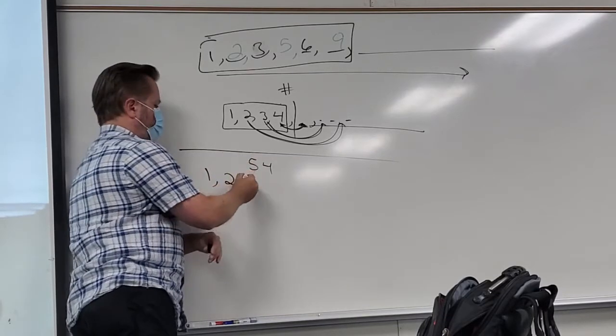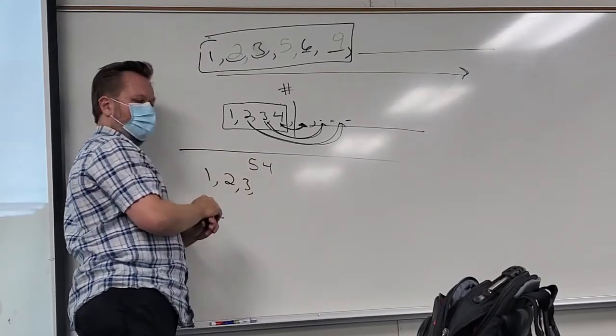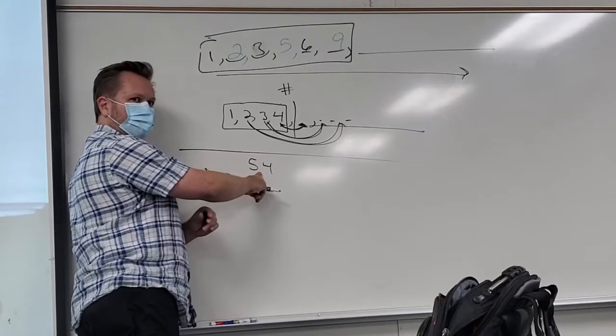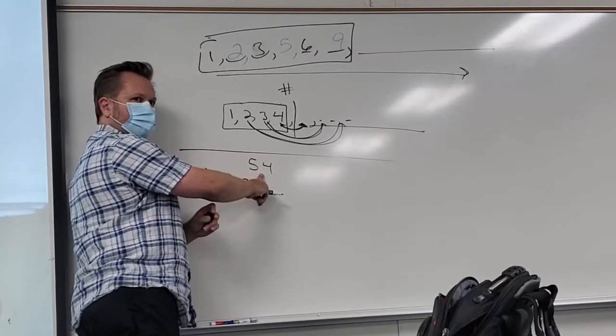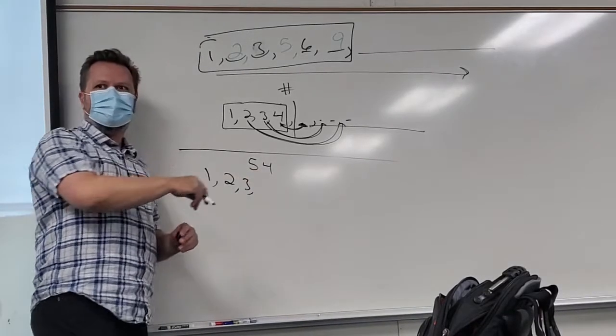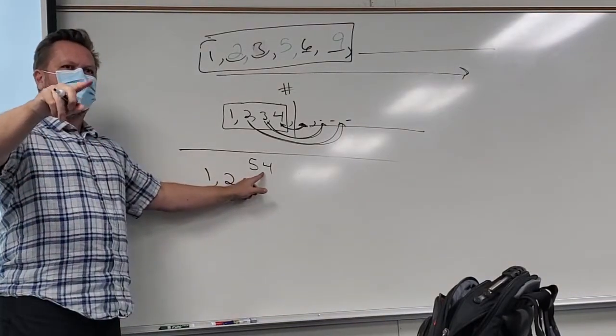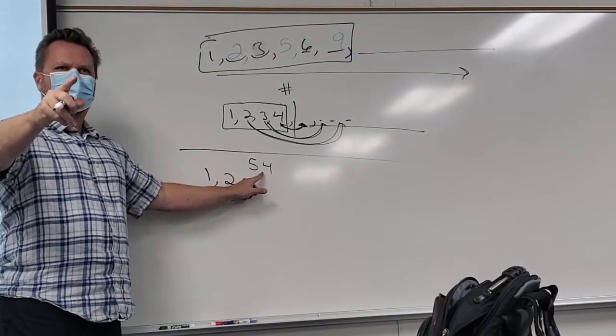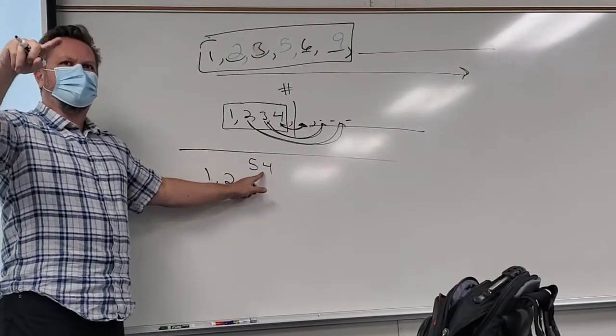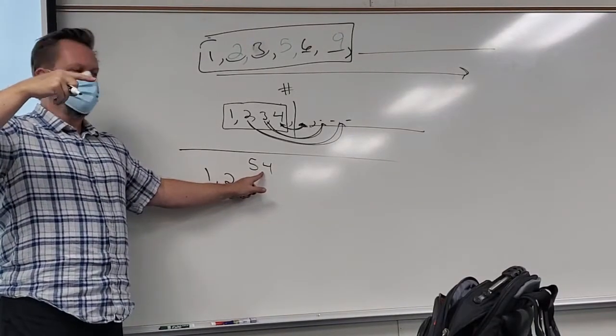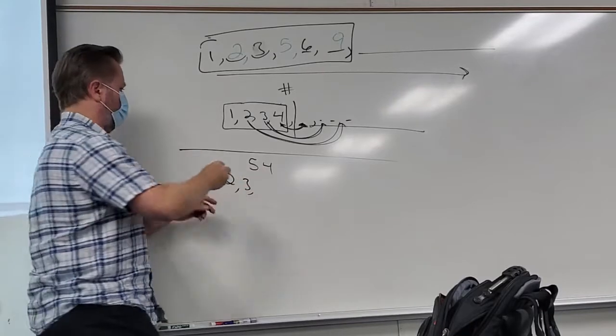And 3 goes into that, so 3 goes into this. Does 4 go in? No. Here's a quick way. Doesn't 4 go into 48? So 4 goes into 52, doesn't it? So 4 does not go into 54.